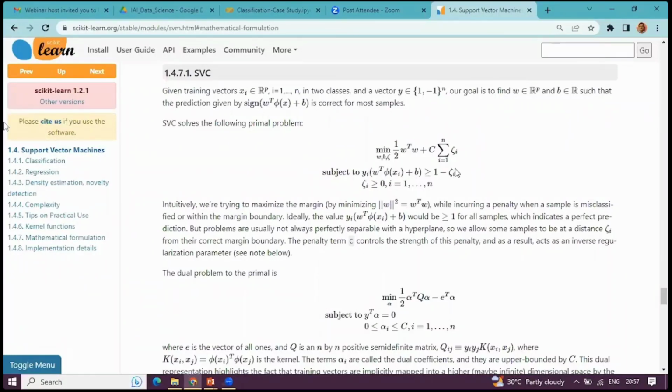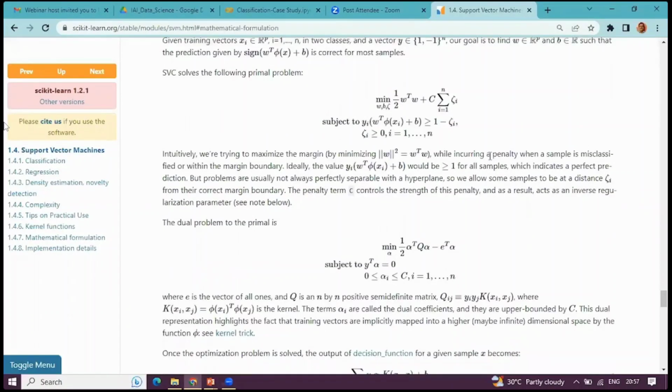As long as this value is greater than or equal to 1 minus epsilon, I'm pretty much fine. So this is the kind of equation or function that could be optimized when we are doing this support vector classification kind of problem, right?